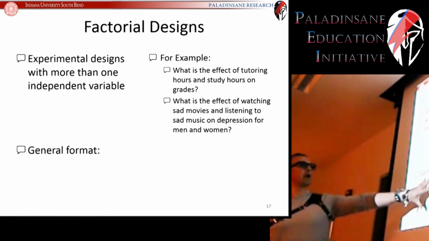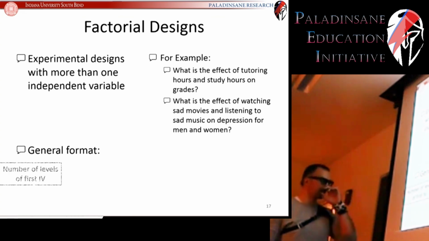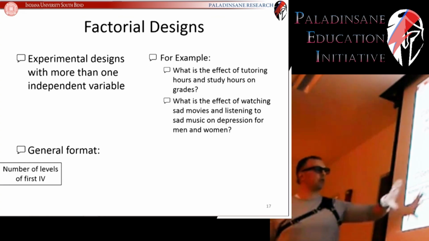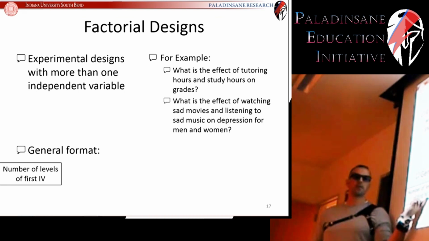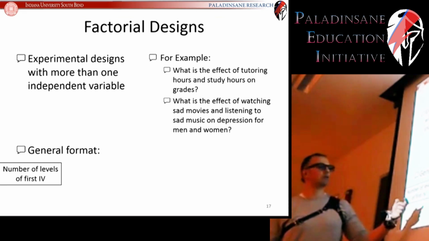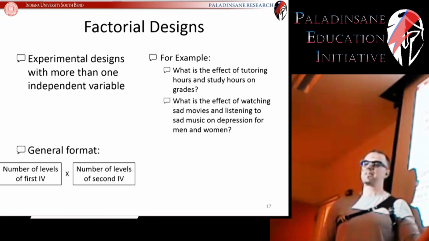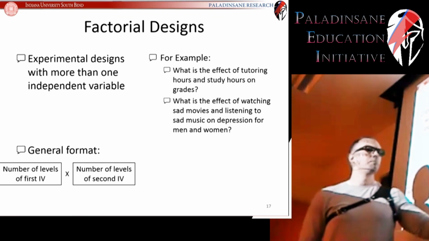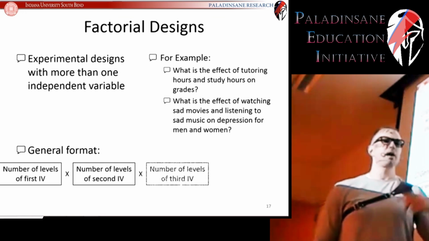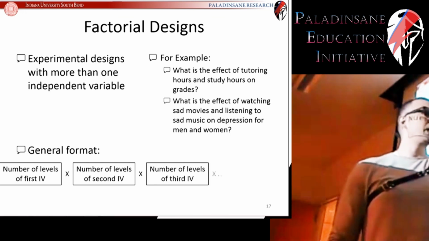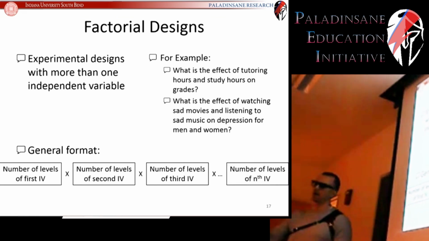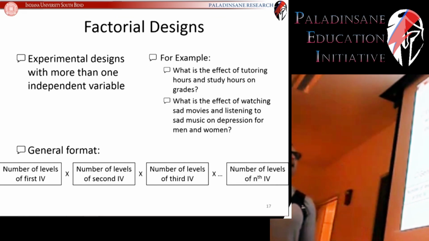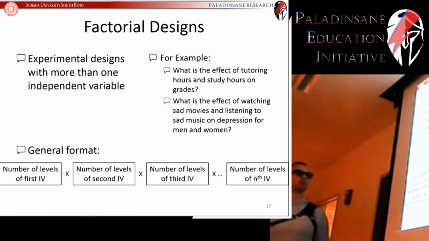The general format for these in a factorial design is that you identify the number of levels that you have for your first independent variable, multiplied by the number of levels that you have for your second independent variable, multiplied by the number of levels for your third, and so on, however many independent variables you have. That's the general format when you're reporting a factorial design.